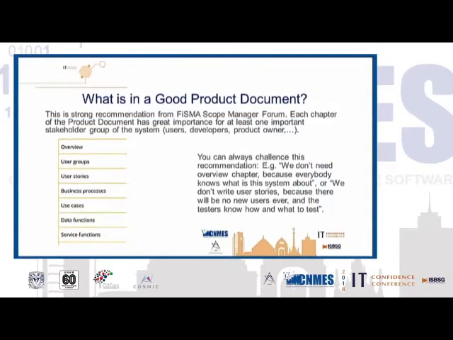Or we don't need data functions here, we don't need any entity relationship model because our tools are so good that they generate the database model themselves. Just like that. So you can always challenge all of these.